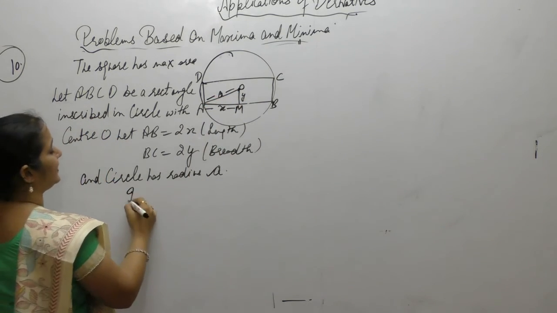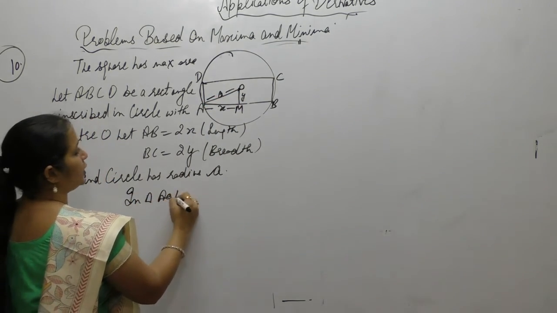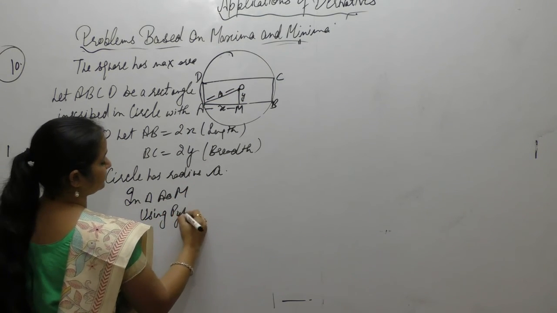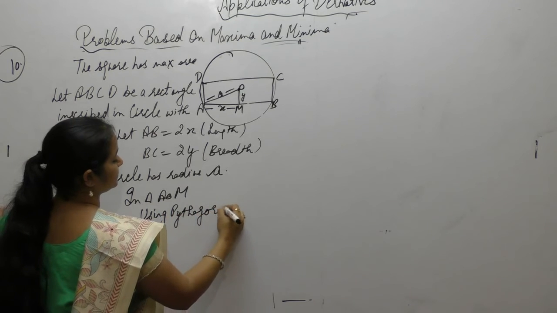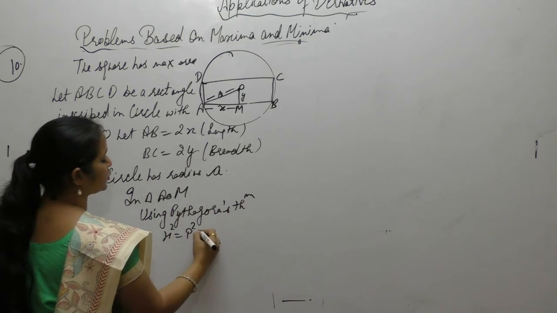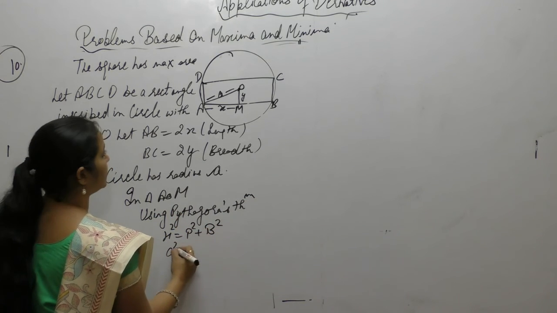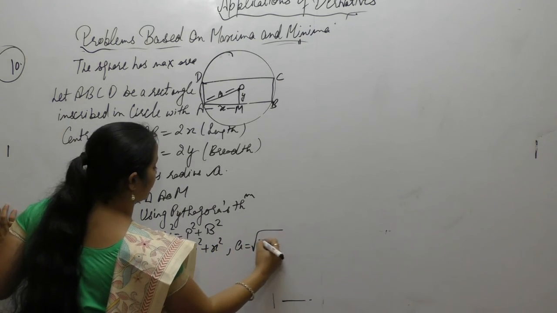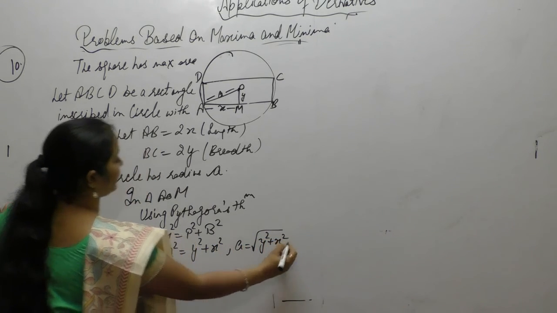Now in triangle AOM, use the Pythagoras theorem. So hypotenuse square is equal to perpendicular square plus base square. a is the square root of x square plus y square.